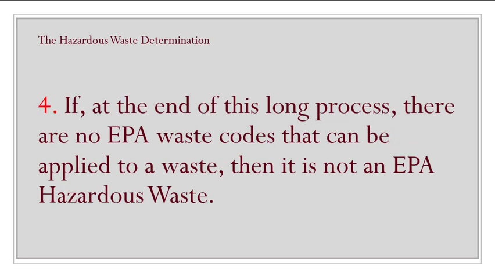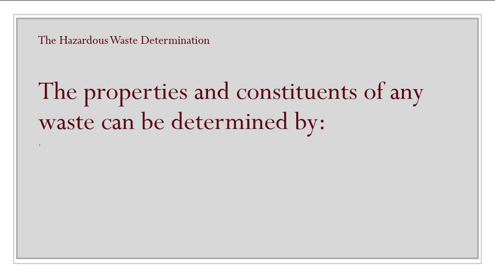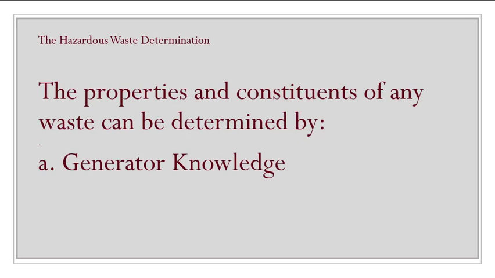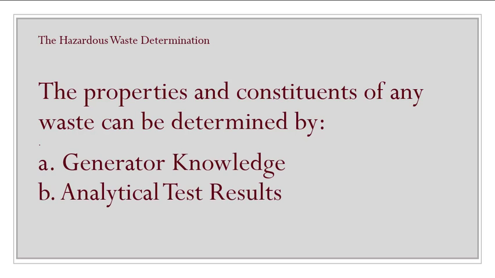Okay, step 4. If, at the end of this long process, there are no EPA waste codes that can be applied to your waste, then it is not an EPA-regulated hazardous waste. And that's a good thing. The properties and constituents of any waste can be determined by 2 different things: generator knowledge and analytical test results.